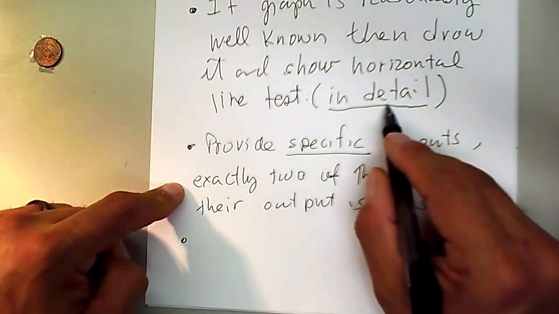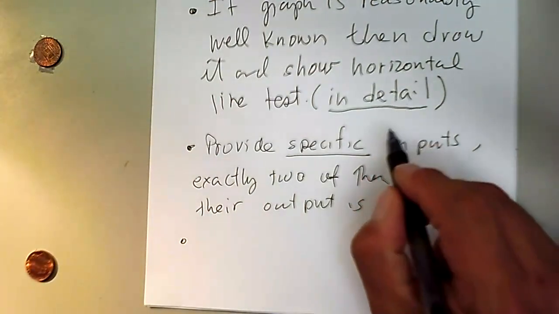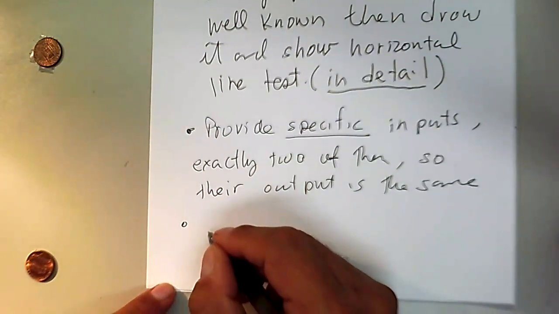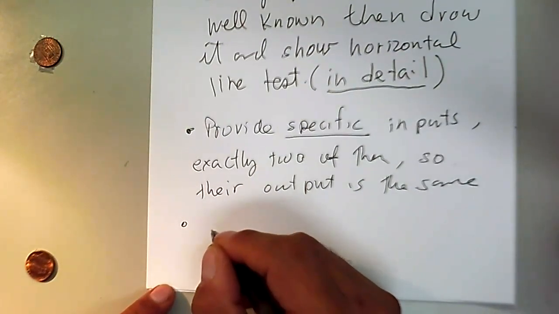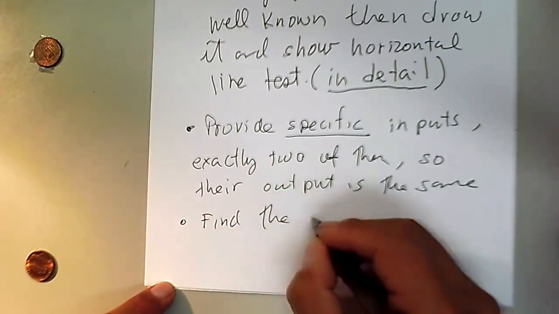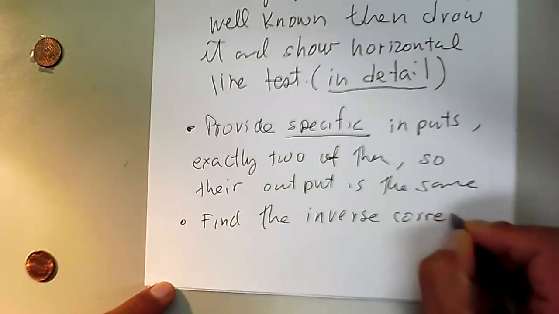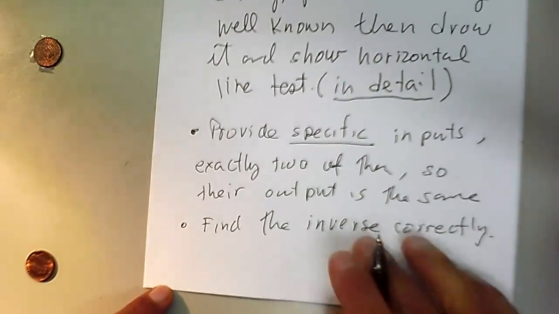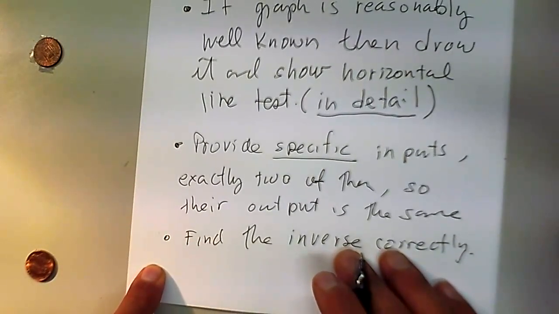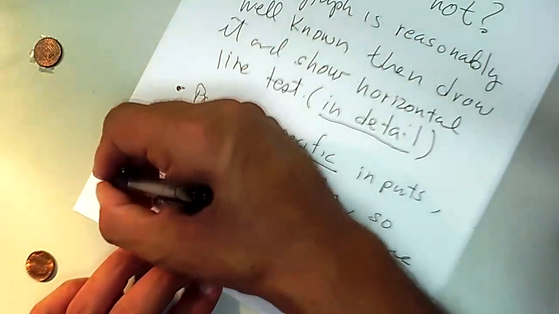And when I say in detail, I mean to prove that something is not one-to-one. And then there is a third thing. If you suspect the function is one-to-one, find the inverse. Find the inverse correctly. Okay, so use that if you know that the function is one-to-one.